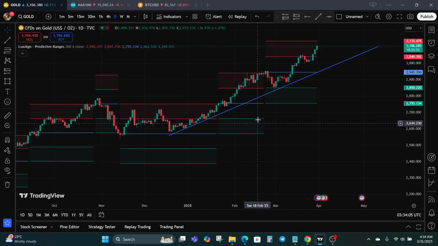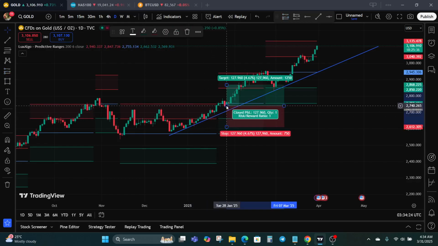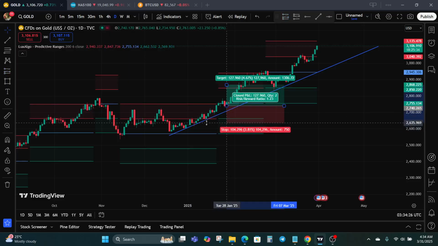For example, let's say after price got rejected at this particular resistance for a brief moment and then broke out to the upside. Let's say I want to enter a buy trade around here, right? Now, I can be considering using this support zone as my stop loss point, right below this support.